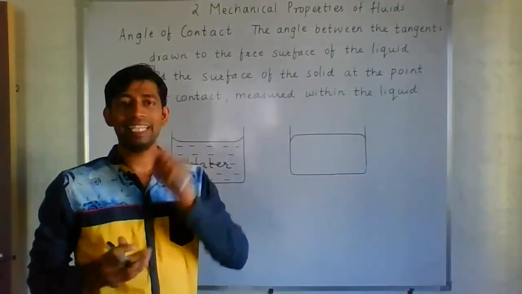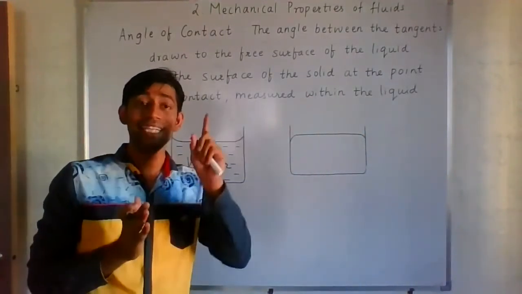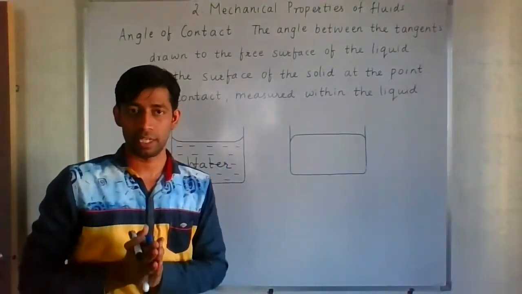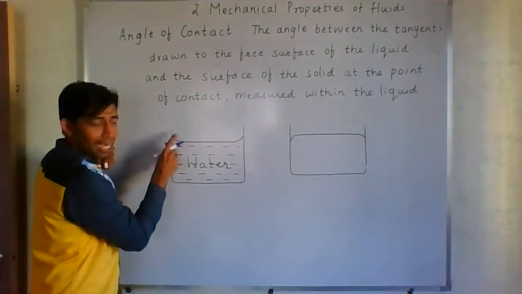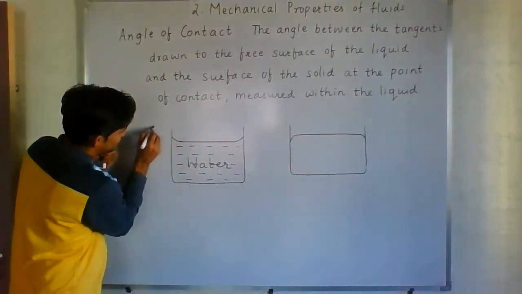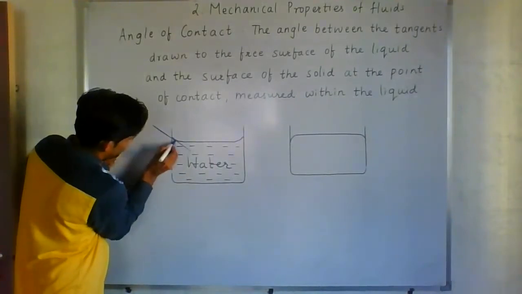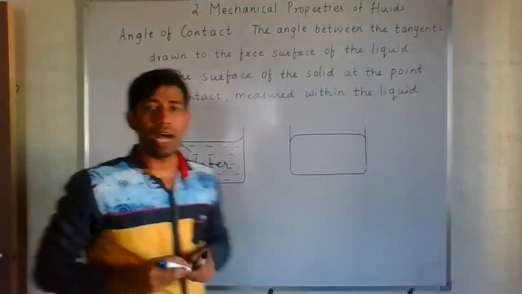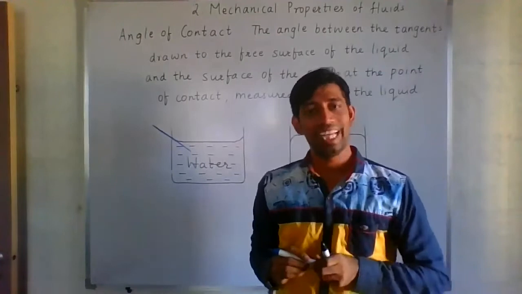First line is the free surface of the liquid and tangent to it. So, this is the free surface of liquid, and I will be drawing a tangent to this. So I have drawn a tangent to this free surface of liquid.